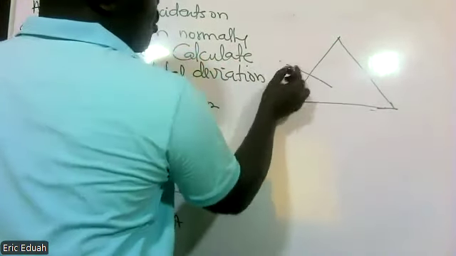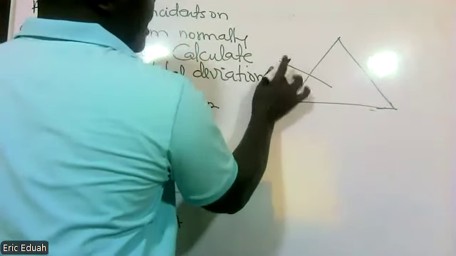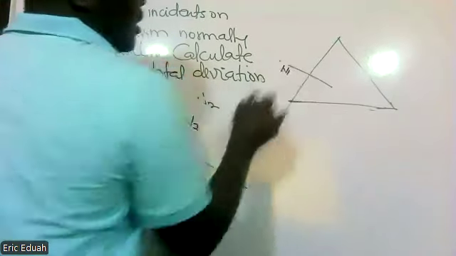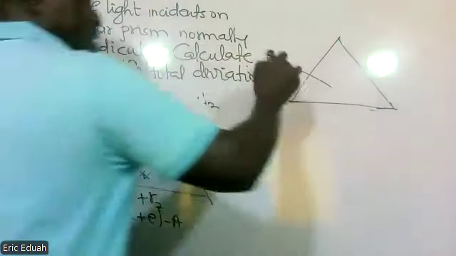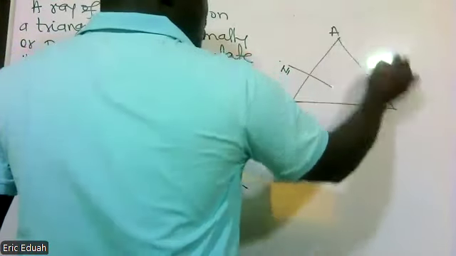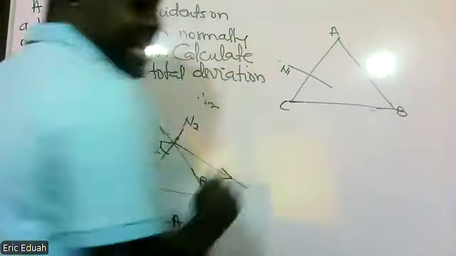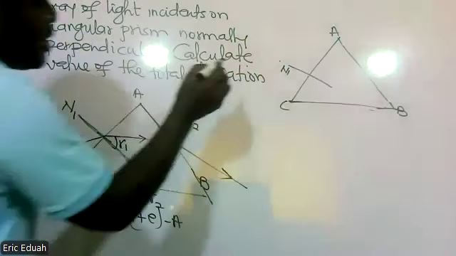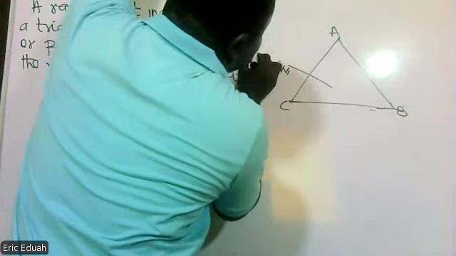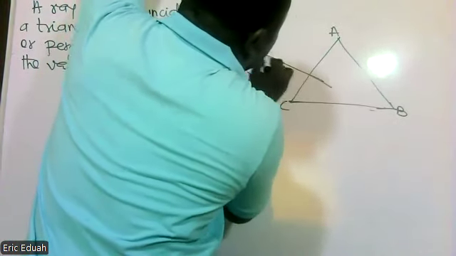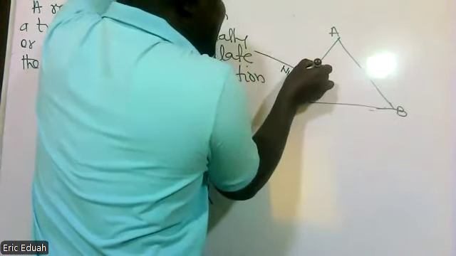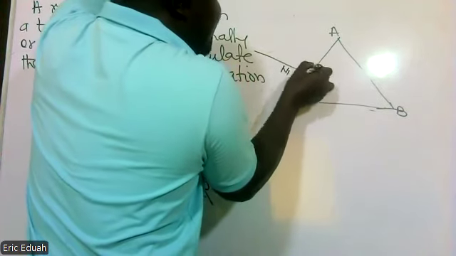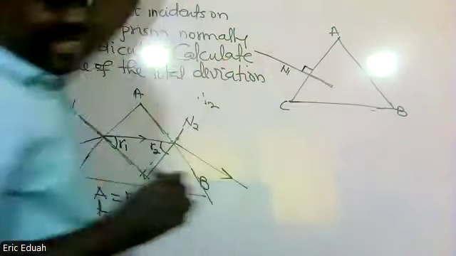If this is the normal, N1, then whichever side the light is incident from, the light is along the normal. So it is actually hitting one of the refracting planes at 90.